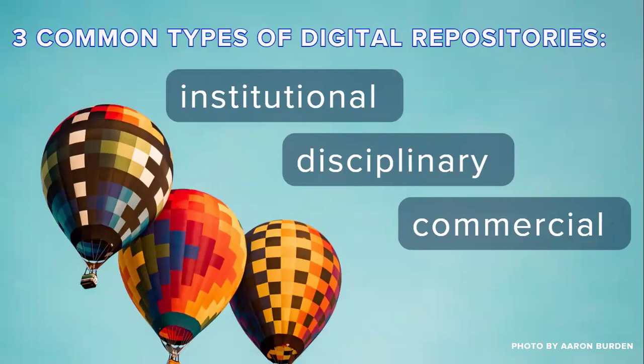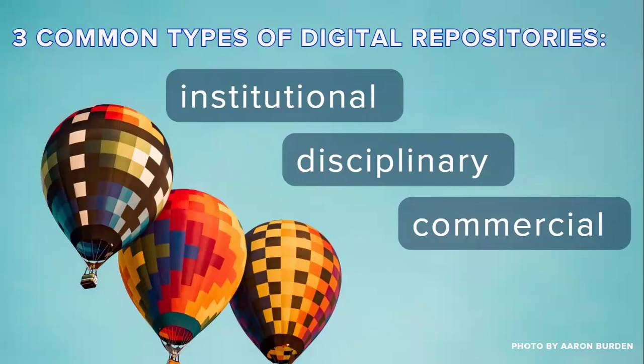You can have a disciplinary repository, and these are subject-based. Like, say, this is a repository dedicated to all research conducted on COVID-19. So this is a disciplinary or subdisciplinary repository. Or I can say this is a repository dedicated to archaeological research only.